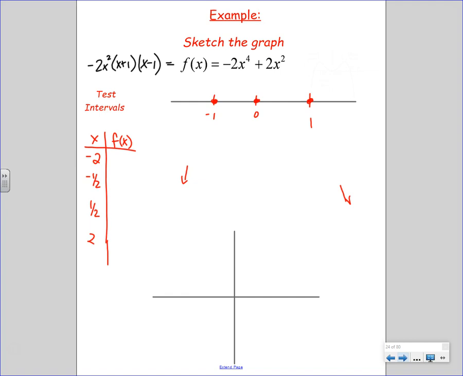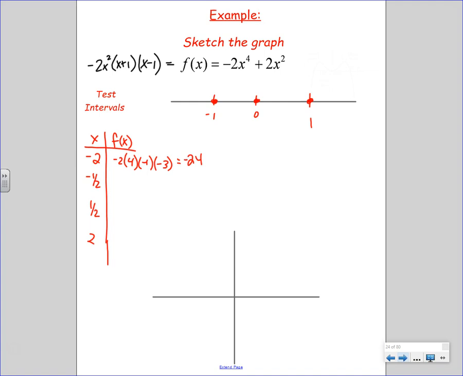So for instance, plugging in -2 here, I would have -2 times -2 squared is 4. -2 plus 1, -1. -2 minus 1, -3. And what do I have? -8, positive 8, -24. Whew, well, that went down really fast.